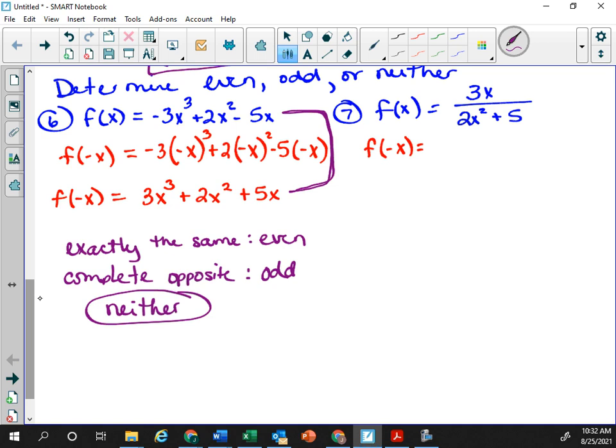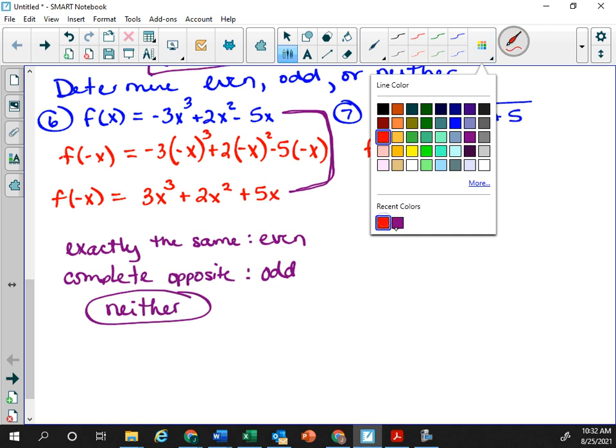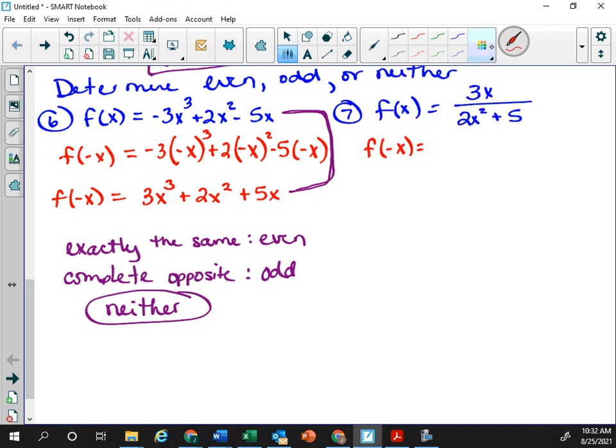All right, let's do number 7. Again, I'm going to show plugging it in. So 3 times negative x over 2 times negative x squared plus 5.